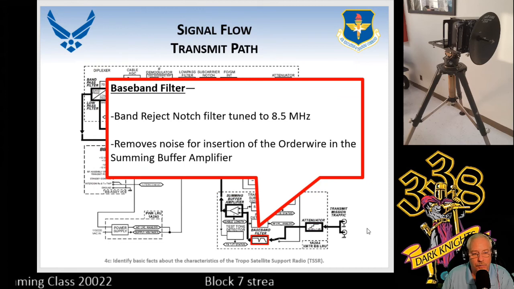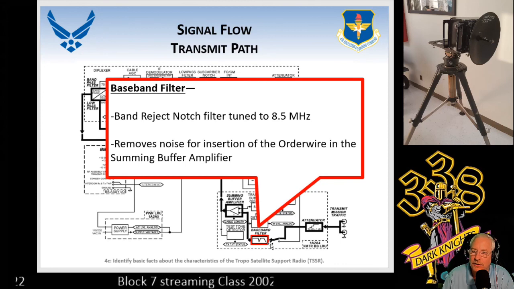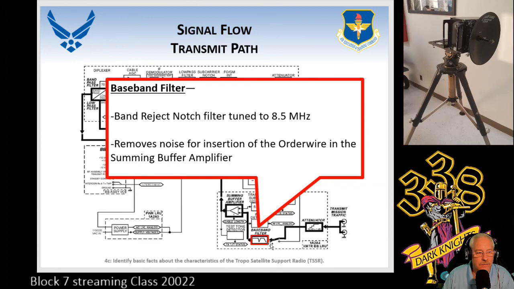Next up, we're going to follow the bold lines going into what's called a baseband filter. This is a notch filter. The whole idea is to reject 8.5 megahertz for a reason. It's basically cleaning it up so there's nothing else at 8.5 megahertz.